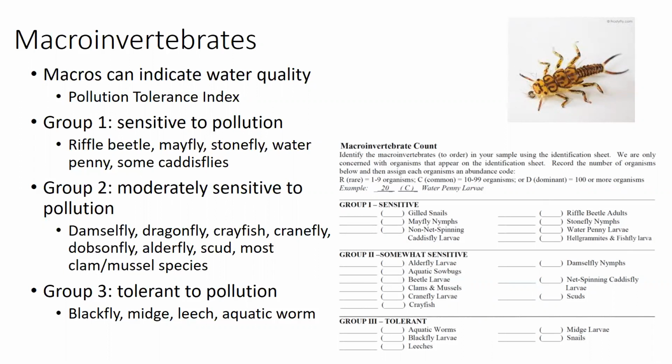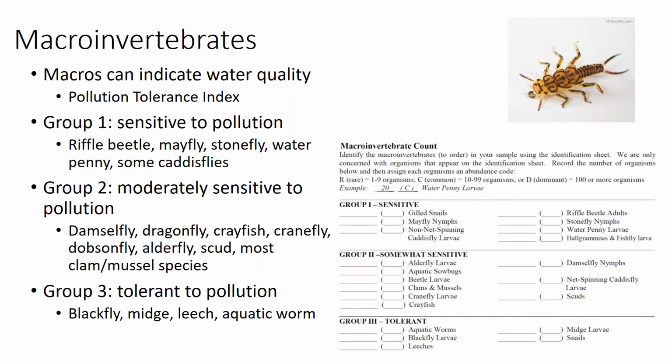These species are found in streams with good to fair water quality. And finally, group 3 are considered pollution tolerant, meaning that they can live just about anywhere. These species are found in any water quality, but if you only find these species, it typically means the water quality is probably not very good.